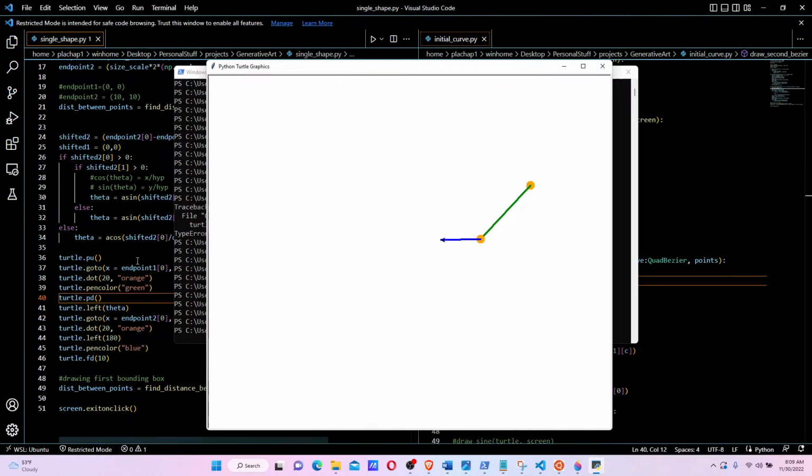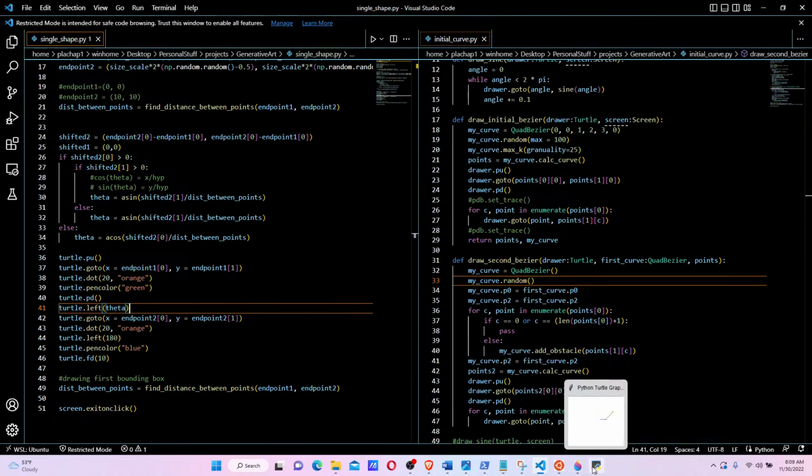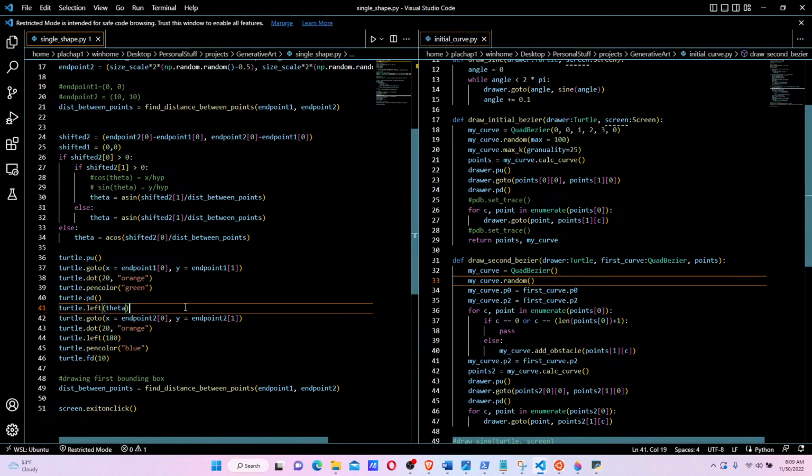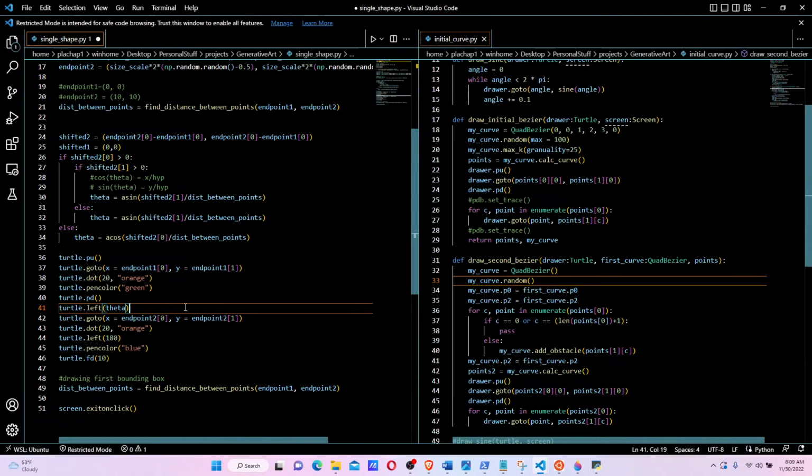So why doesn't it do this initial? Did I not save this? But, yeah. Huh. Turtle dot left theta. So that's not gonna do it.